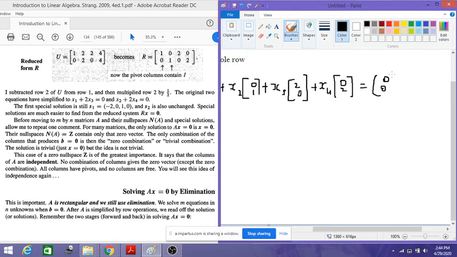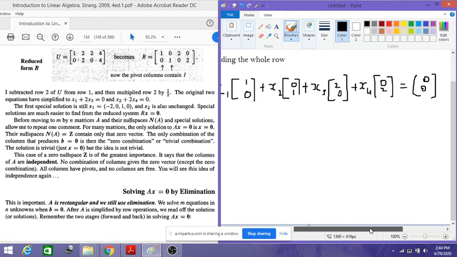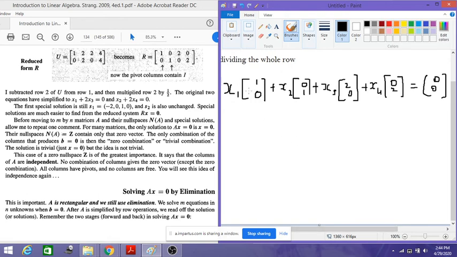Let us try to solve this and find the special solution for this case. As we all know, the pivots exist only in the first column and the second column. So the third and fourth columns are our free variables. I can substitute these with 0 or 1. So let us take x3 as 1 and x4 as 0 in this case. So I have x1 times 1, 0 plus x2 times 0, 1, which is equal to -2 and 0 on the right side.